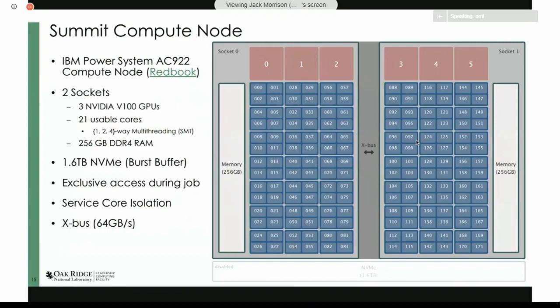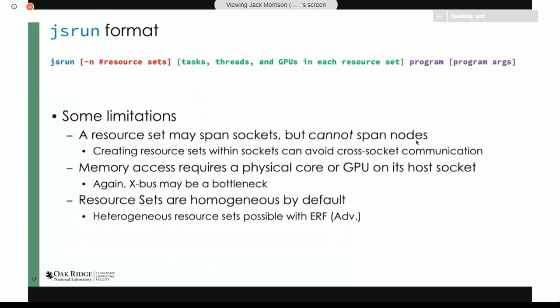That is to say, if I were using, say, GPUs 0, 1, and 2 with just the first physical core in the top left, I would only have access to 256 gigs of memory for that resource set. But if I were to up that and request 4 GPUs, so now I have 0, 1, 2, and 3, now I suddenly have access to the memory on the other socket as well. That's a limitation that you might want to consider. But then again, that may also introduce crossing that XBus, right? You should then also consider that as a bottleneck.